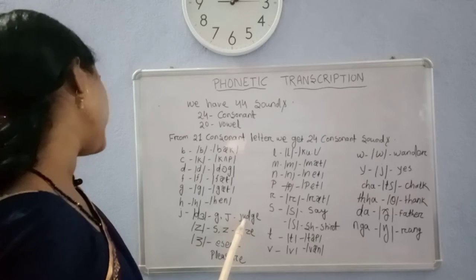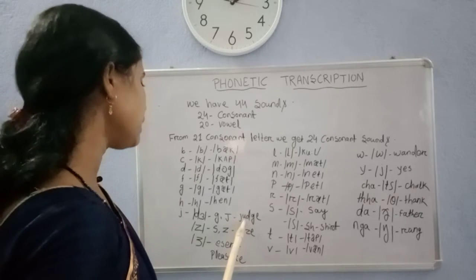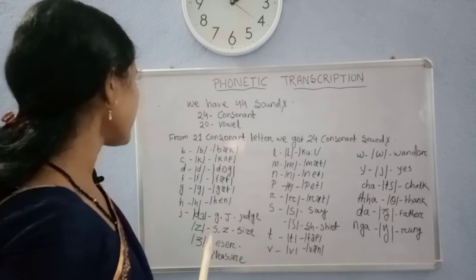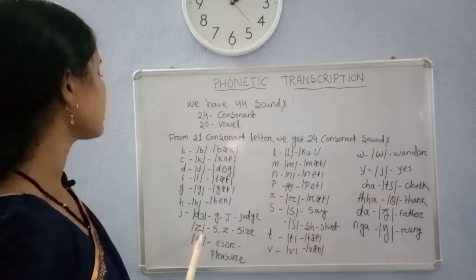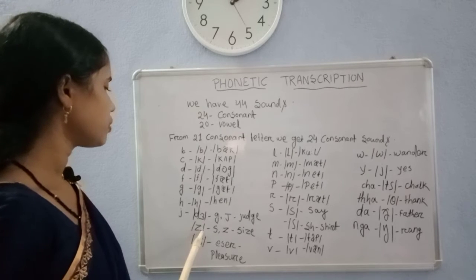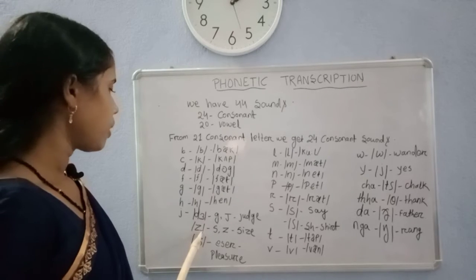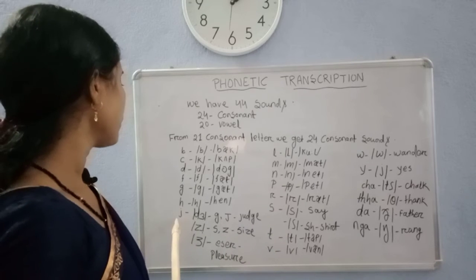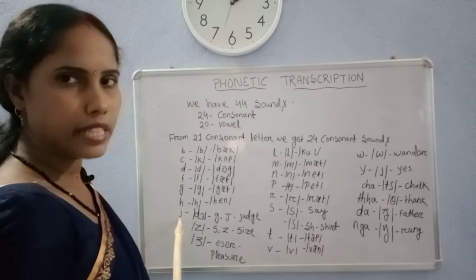Here you have to write D3, then the vowel sound, then D3. Then next, the transcription is like Z, and Z is written in the transcription for the J letter.